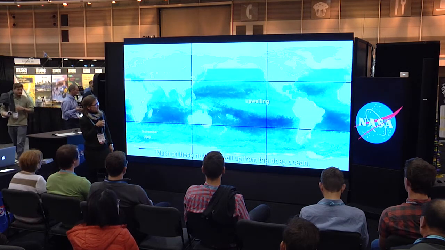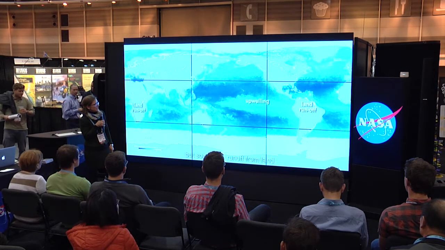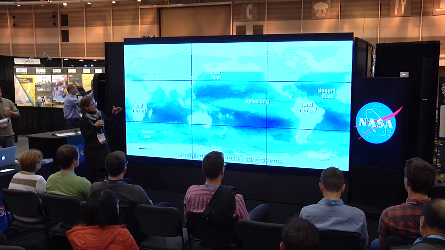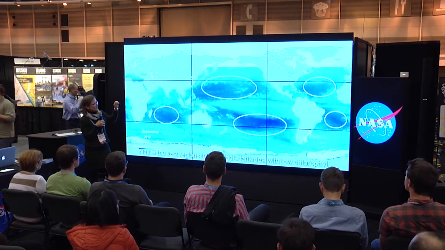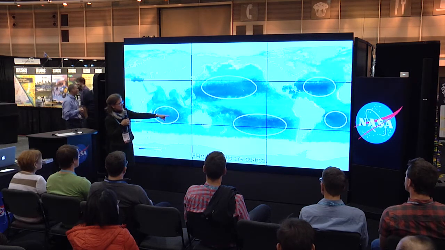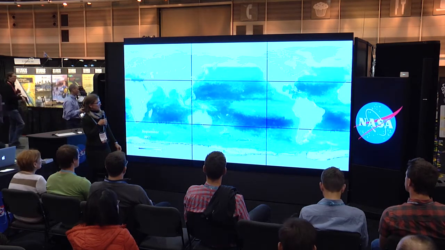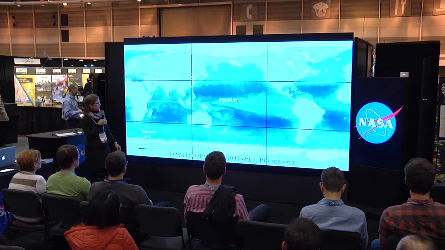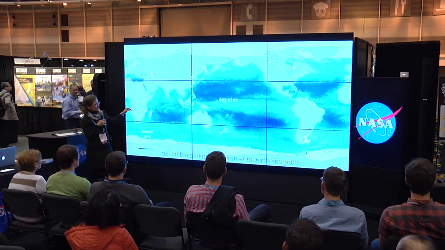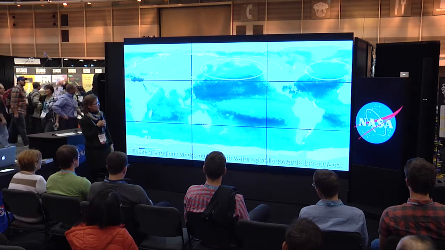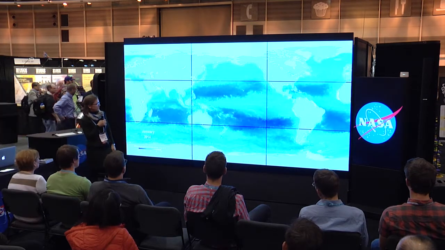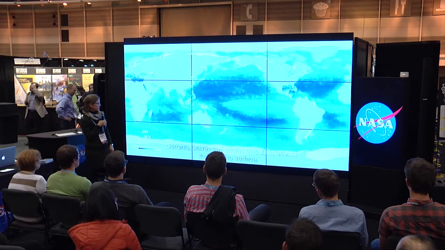And then we draw the connection between satellite observations. Notice the low productivity areas in the circles, and then higher productivity along the equator and toward the poles where there's more nutrients, when there's sunlight, greater mixing.